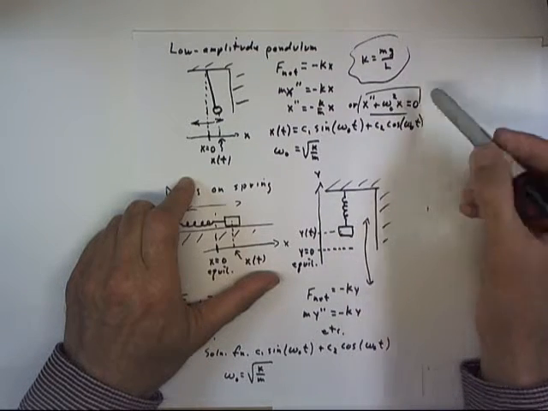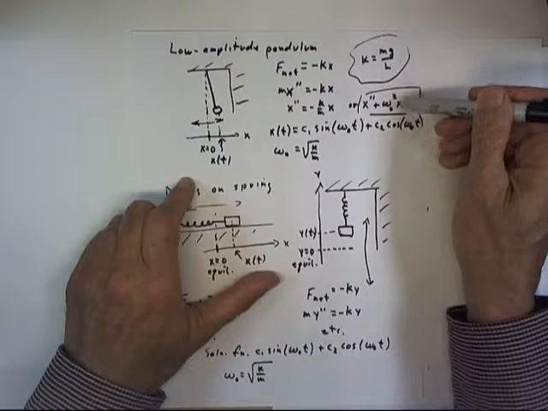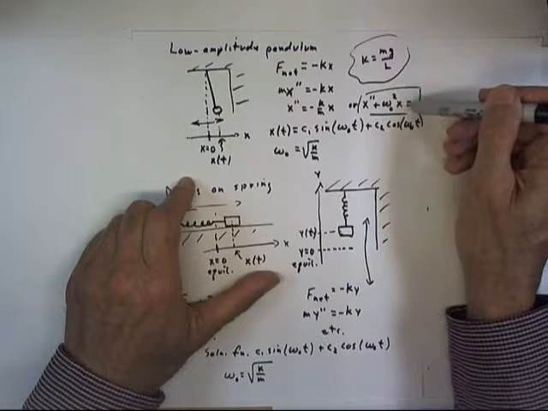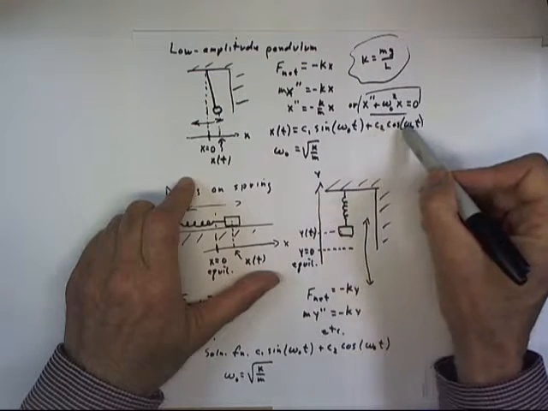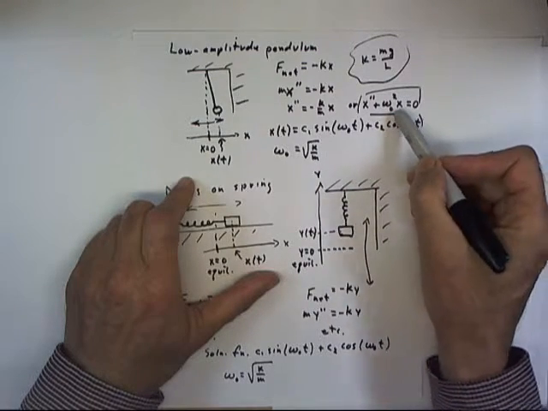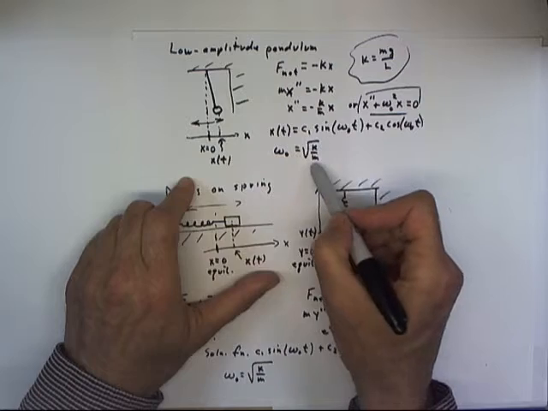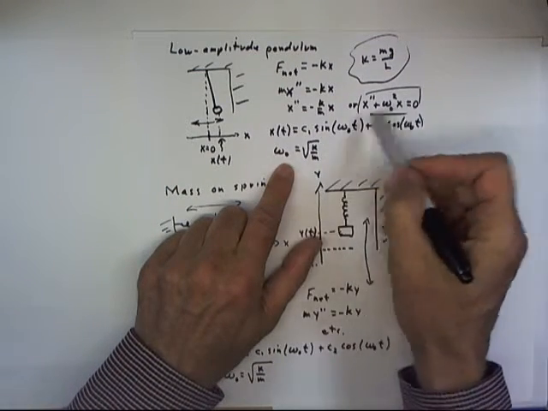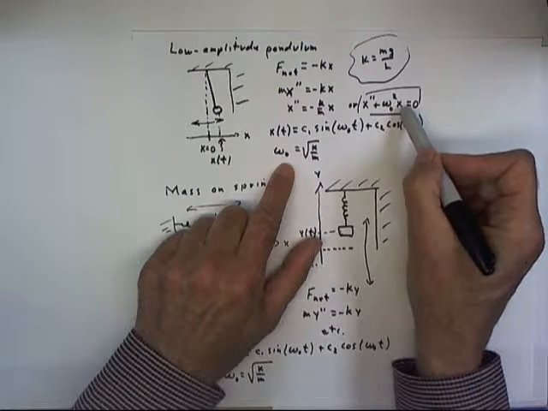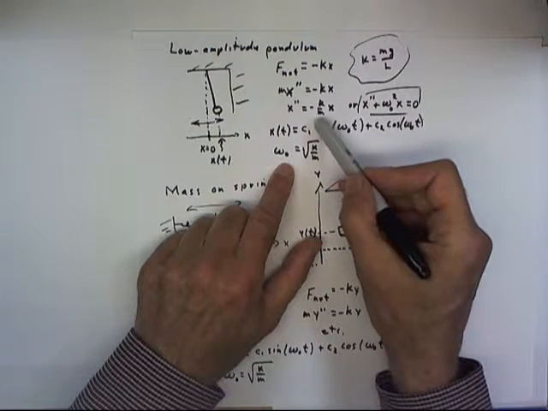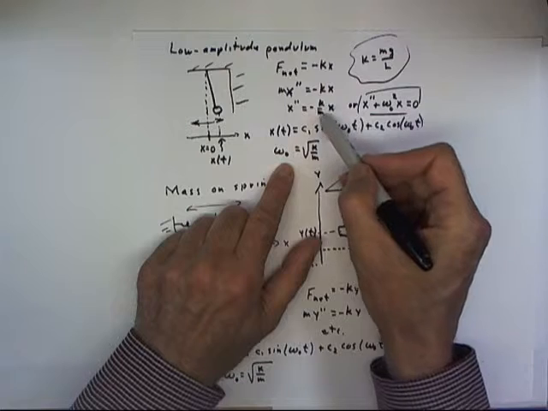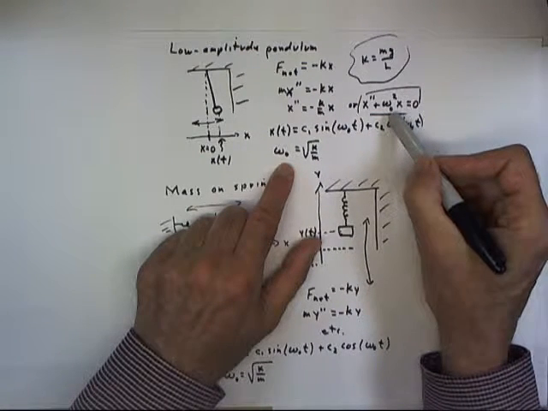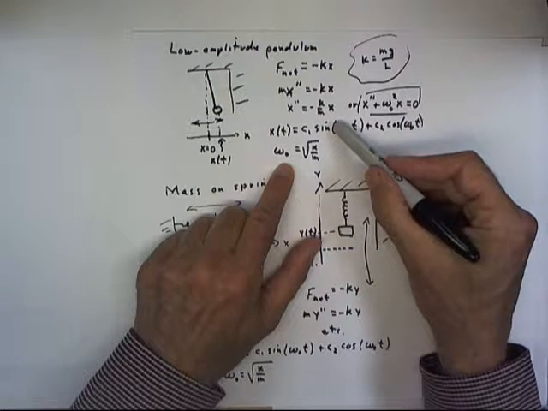Omega is our angular frequency. Omega naught is the angular frequency of the pendulum, as we see when we do the solution, and omega naught has to be equal to the square root of k over m. In other words, in order to replace the coefficient of x, which is k over m, by omega naught squared, omega naught had better be equal to the square root of k over m.